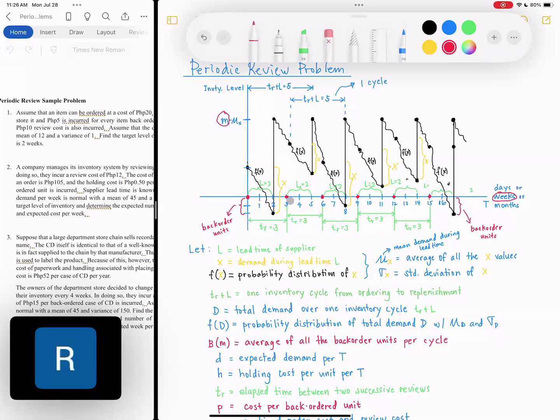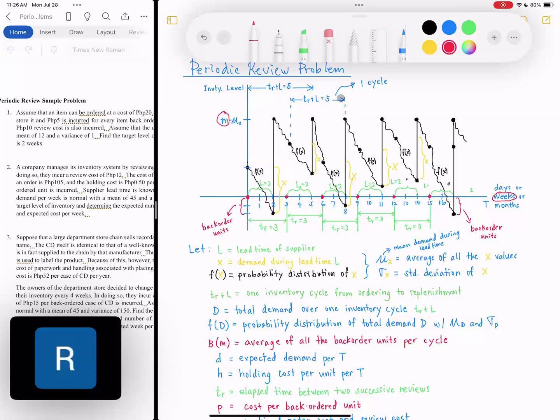From period 3, the time that you start your review again, all the way up to period 8, 3 to 8, a span of 5 periods, that is another cycle, and so on and so forth. So TR plus L equals 5 in this example is one inventory cycle.